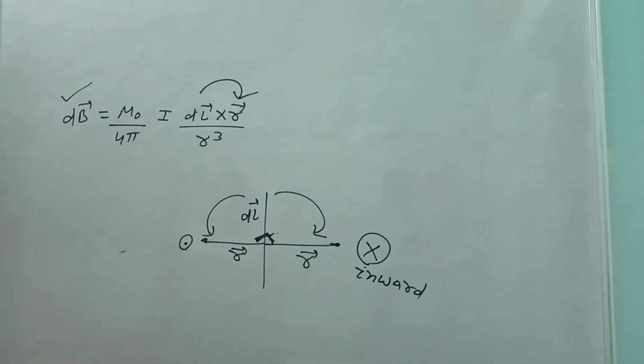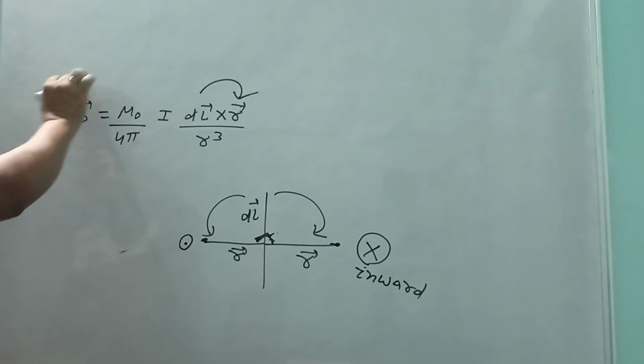I mean, you know the direction of magnetic field for a small element dl. If dl to r is clockwise, then magnetic field is inward. If dl cross r is anti-clockwise, magnetic field is outward.